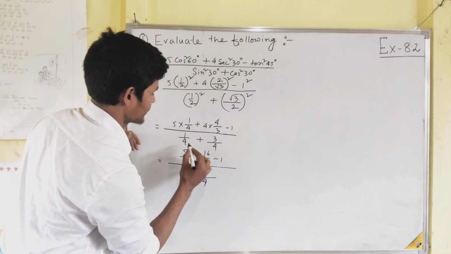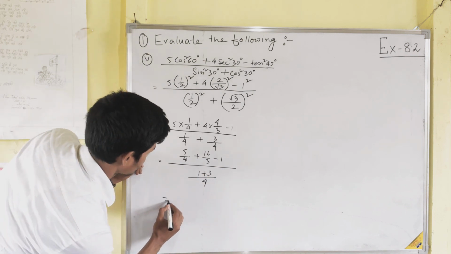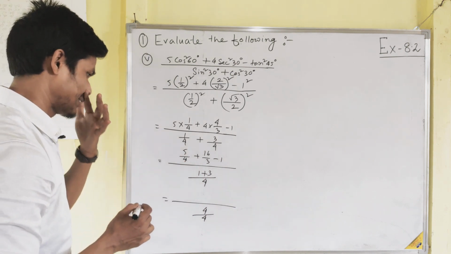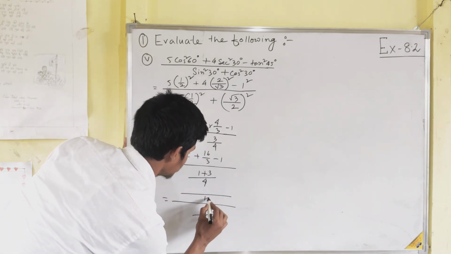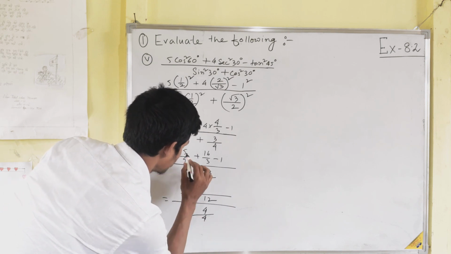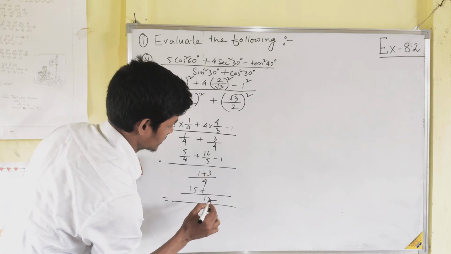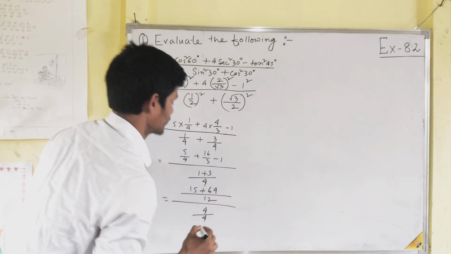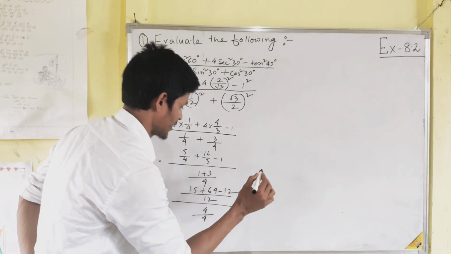Here you take LCM 4, that is 1 plus 3 is 4. You get in the denominator 4 by 4 and the numerator take LCM 4. 4 3s are 12, 5 3s are 15 plus 3 4s are 12, 16 4s are 64. Okay, now 12 ones are 12.